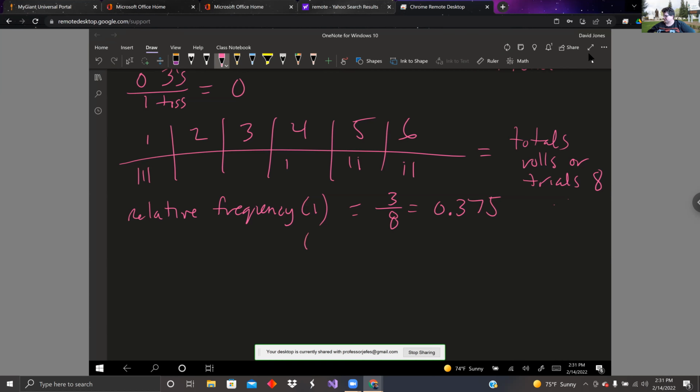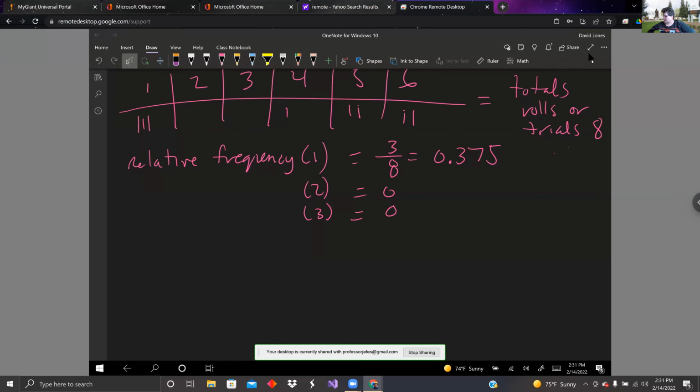Whereas my relative frequency for 2 and 3 is both 0. Four is 1/8, which is 0.125. And then 5 and 6 are identical. They're both at 1/4 right now, or 2/8. And 2/8 is 0.25.